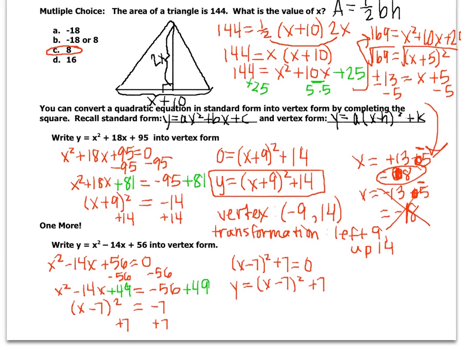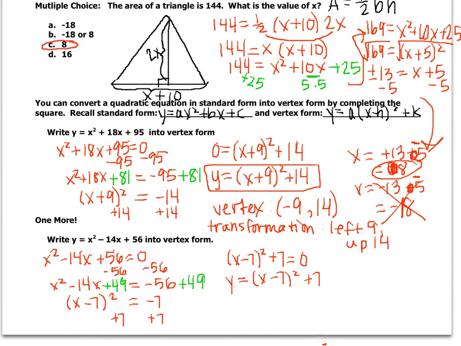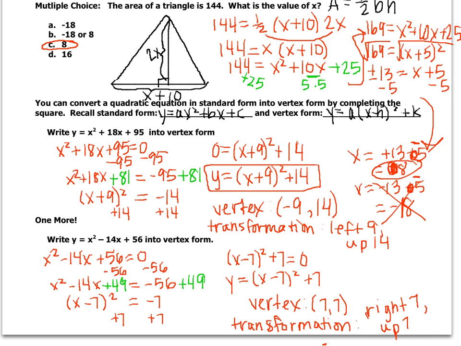So my vertex here is the point 7, 7, and my transformation: my vertex moved to the right 7 and up 7. So my transformation is right 7 and up 7. That's the transformation of my graph.